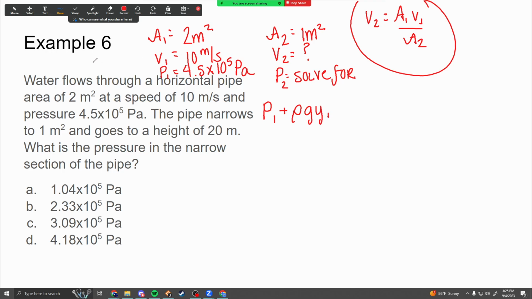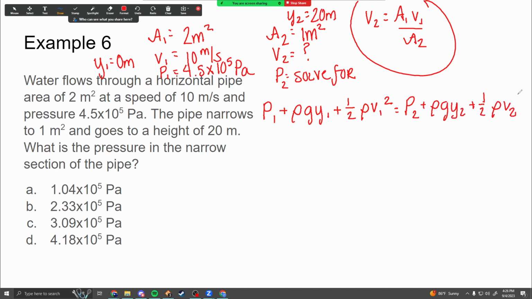Oh, that's another thing. y1 is equal to 0. And then it goes to a height of 20 meters. Plus 1/2 rho v1 squared is equal to P2 plus rho g y2 plus 1/2 rho v2 squared.